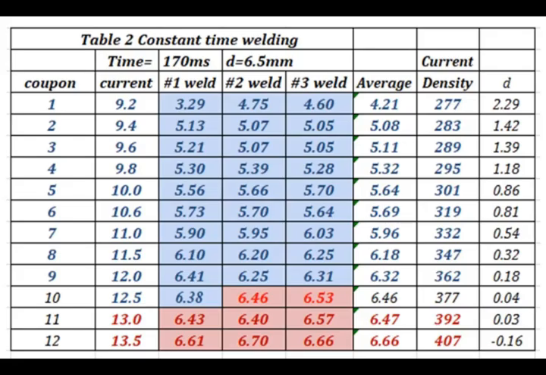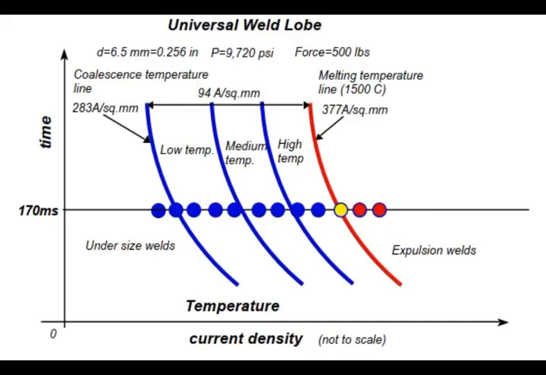The center of this weld lobe is at 330 amperes per square millimeter. If you weld higher than 283 amperes per square millimeter and lower than 377 amperes per square millimeter, you will make a solid-state non-expulsion weld. After plotting this data, the weld lobe looks like this.